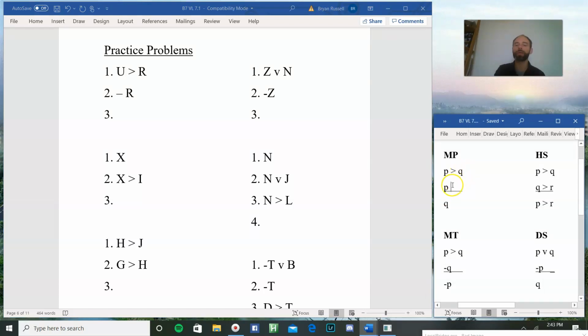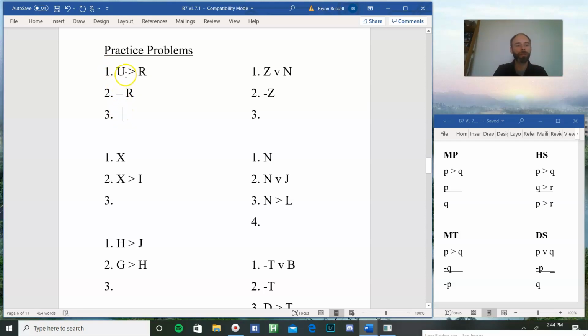MP doesn't use the negation of the consequent. On line 2, it gives us the antecedent, so that rule is not going to apply here. HS has 2 lines where the main operator is a horseshoe, so that's not going to apply here. So what is MT? MT tells us that if we have a horseshoe as the main operator, and on another line we have the negation of a consequent, we can derive the negation of the antecedent.